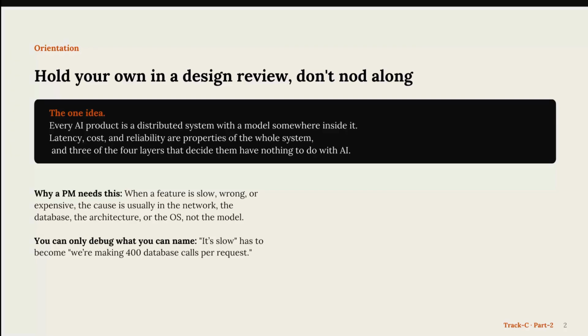And we can only debug this if we can understand the whole layers. If somebody says it's slow, it has no meaning. What we need to understand is, hey, we are making 400 database calls per request and hence it's slow. So as a PM, understanding these layers of data movement or request and response movement is very important.